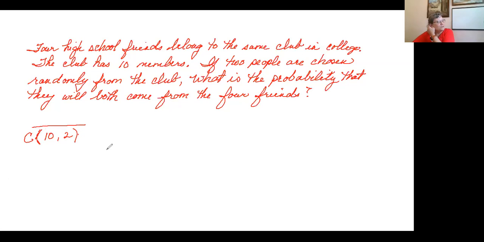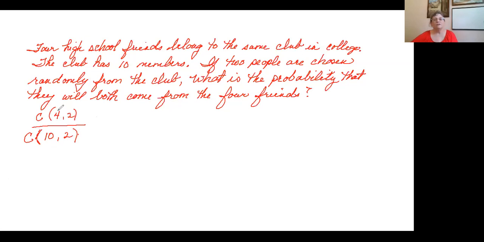Now, we're specifically interested in knowing the likelihood that both of those would be from this group of 4 friends. So that is going to be 4 choose 2. Again, notice these numbers will be the same. This will be the total in the sample.